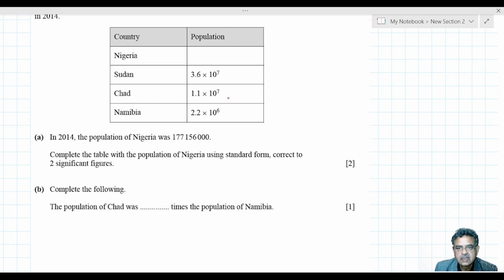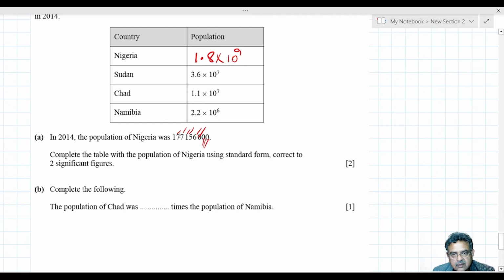Now this in the form of standard: 1.777, and as it is told that it is in two significant figures, we can write it 1.8 into 10 raised to the power 1, 2, 3, 4, 5, 6, 7, 8, 9 into 10 to the power 9.